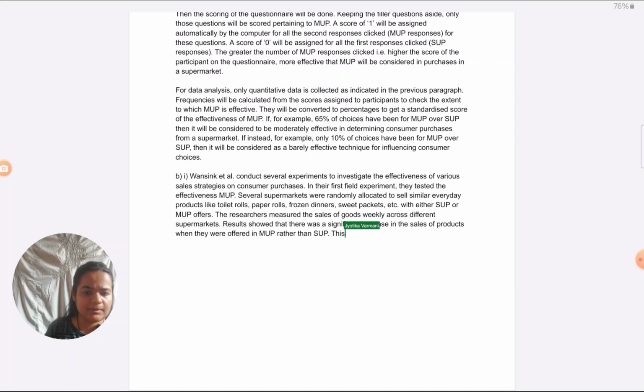This indicated, so now I'm giving the conclusion, that offering products in bulk, or in increased numbers, whatever you call it, makes it appear to consumers that they are making a more effective purchase than buying those products singly.